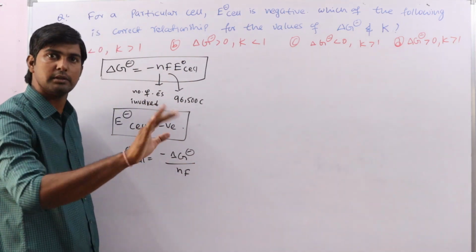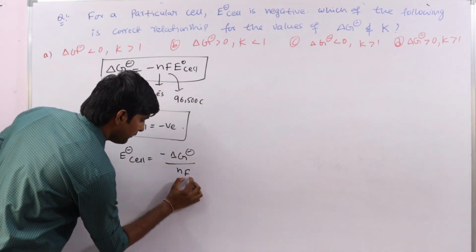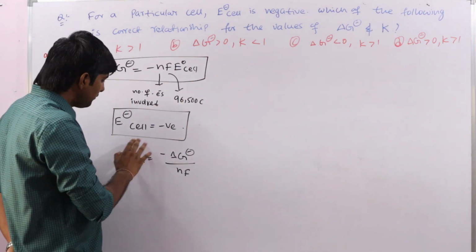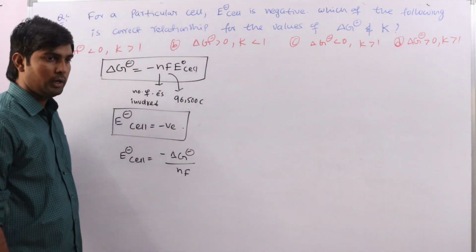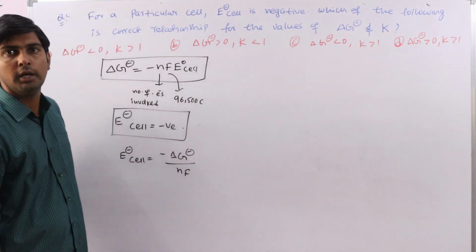Number of electrons is always 1, 2, 3, whatever it may be, and F is also a positive number. So to make the total value negative, this must be positive. If all are positive, then only minus into plus will be minus.